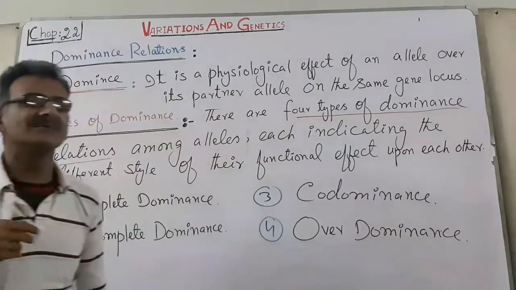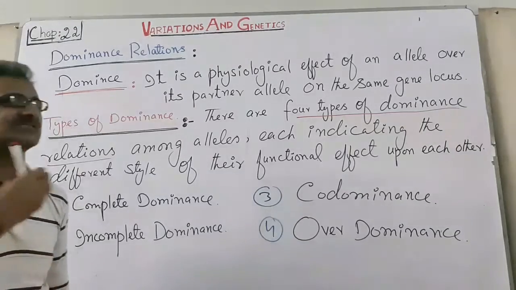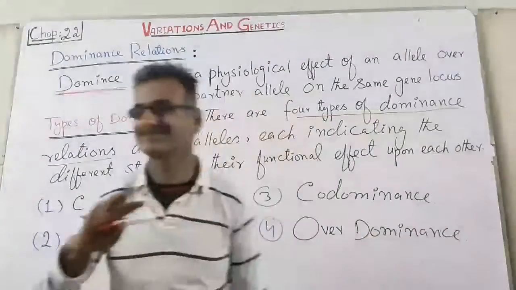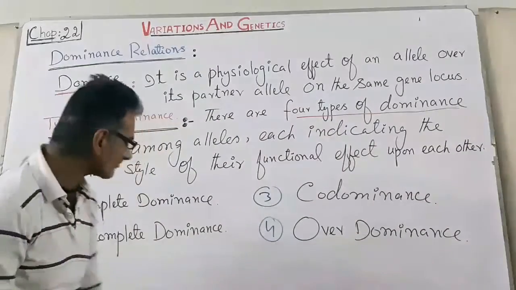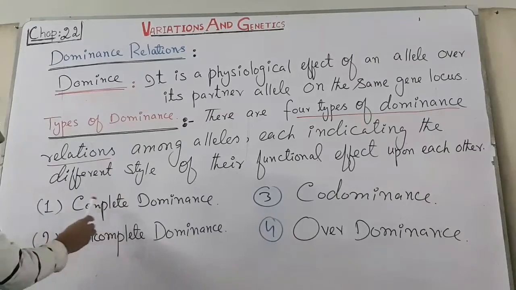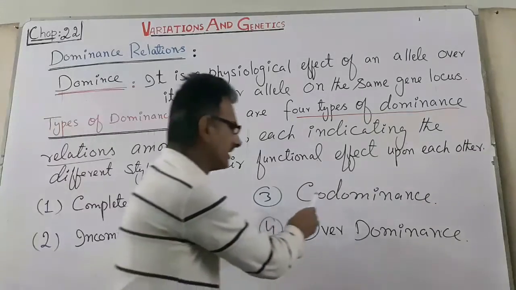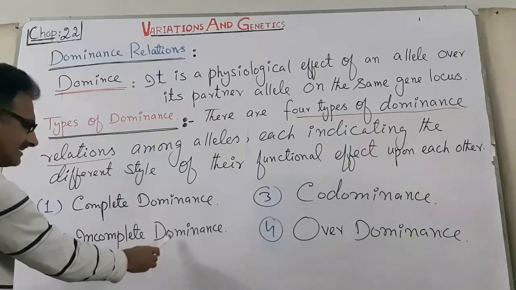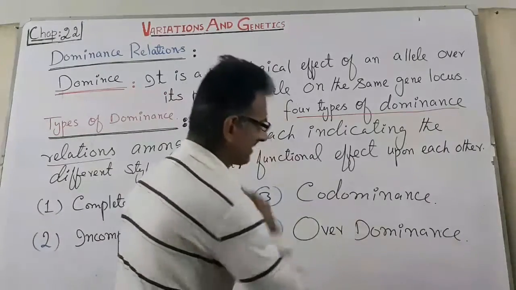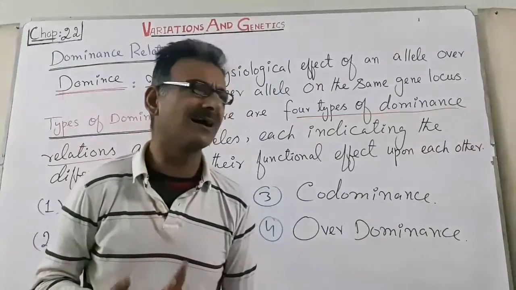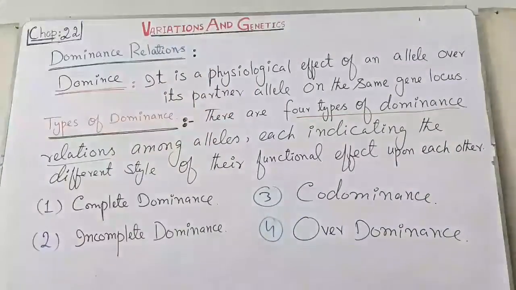And so, the four types are: number one, complete dominance; number two, codominance; number three, incomplete dominance; number four, overdominance. These are the four dominance relations among the alleles.